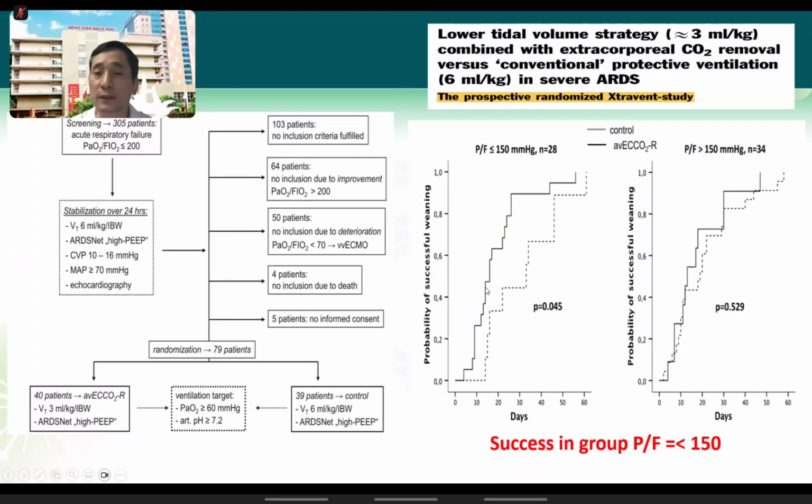You see the Kaplan-Meier curves show differences on this side. That means in patients with lower oxygenation, where the lungs are more collapsed and should be protected, we see more effectiveness.